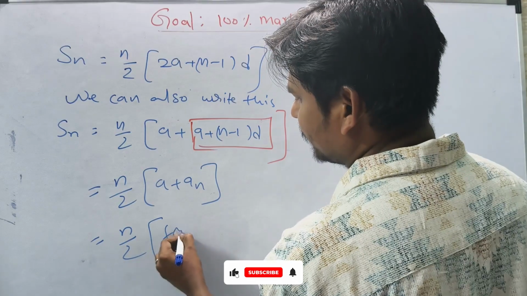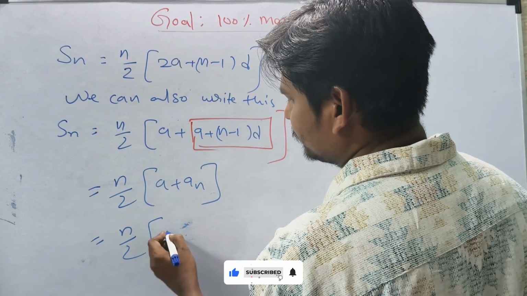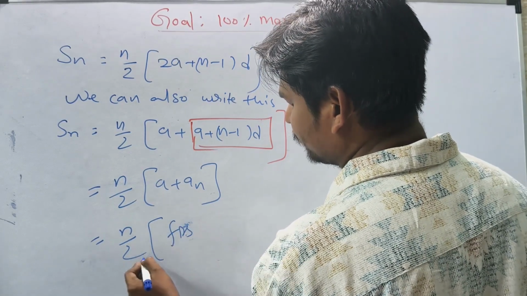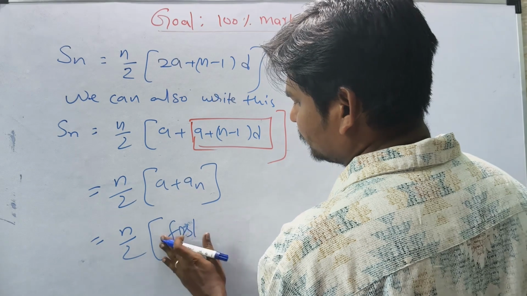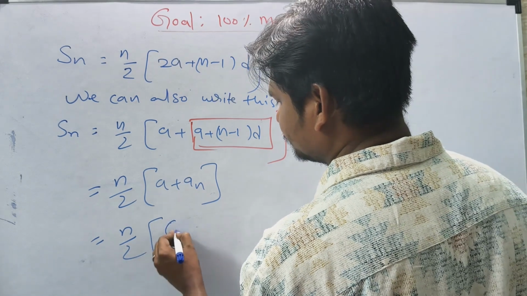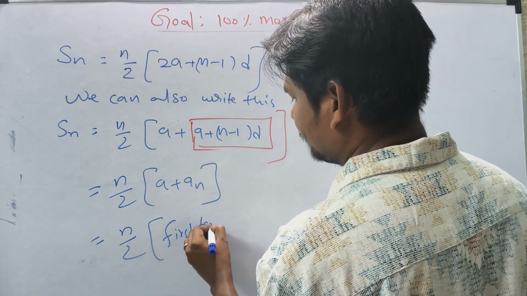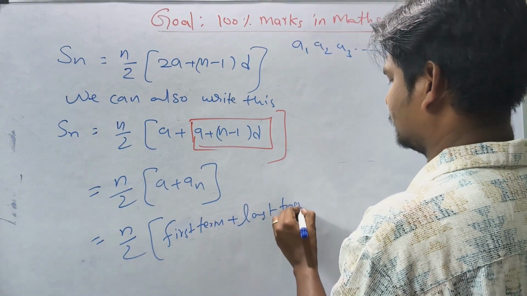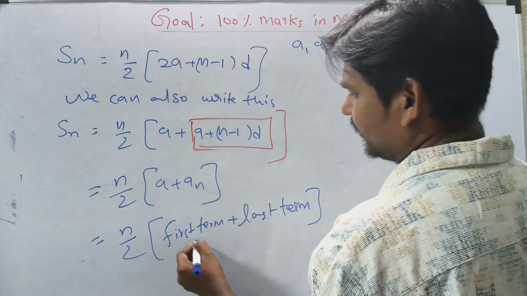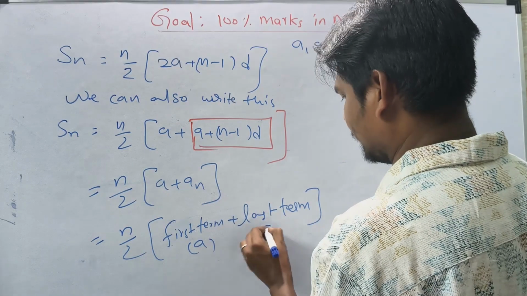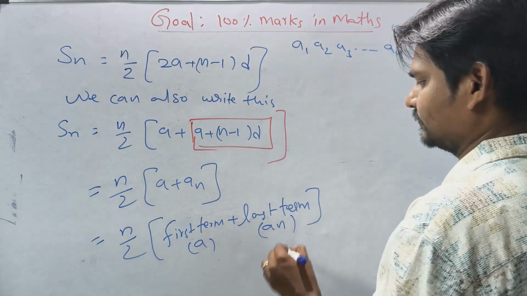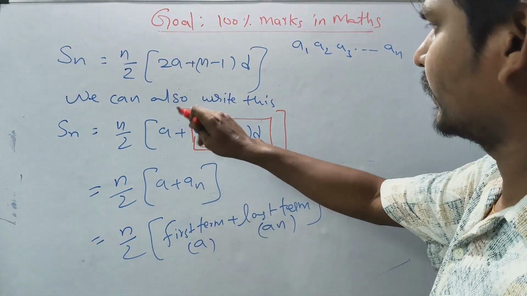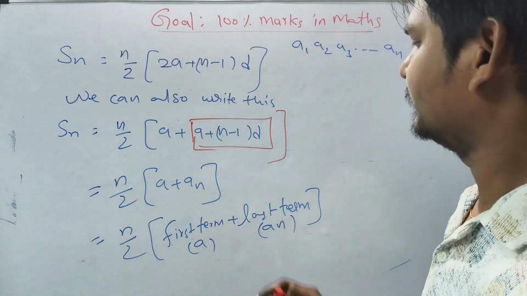So Sn is equal to n by 2 into first term plus last term, where a is the first term and an is the last term. We can also write this formula like this.